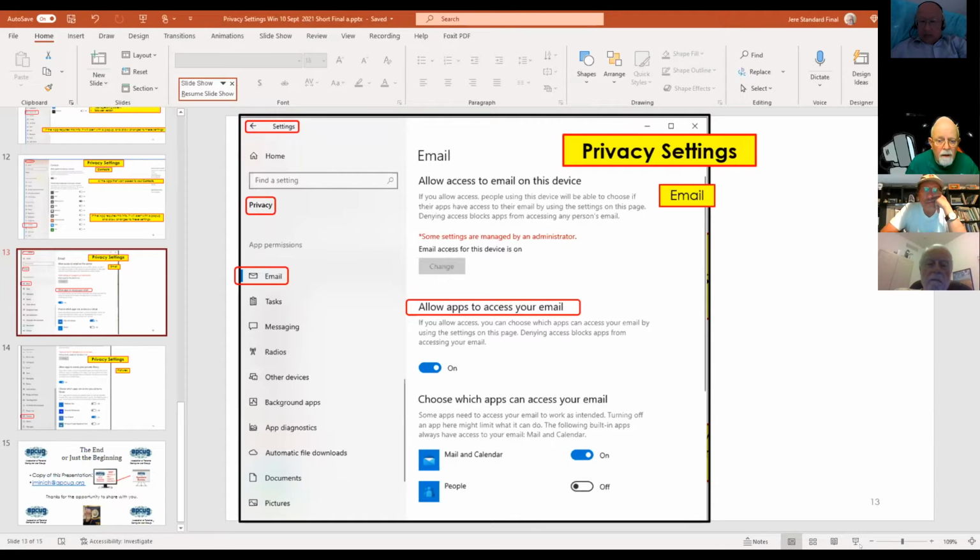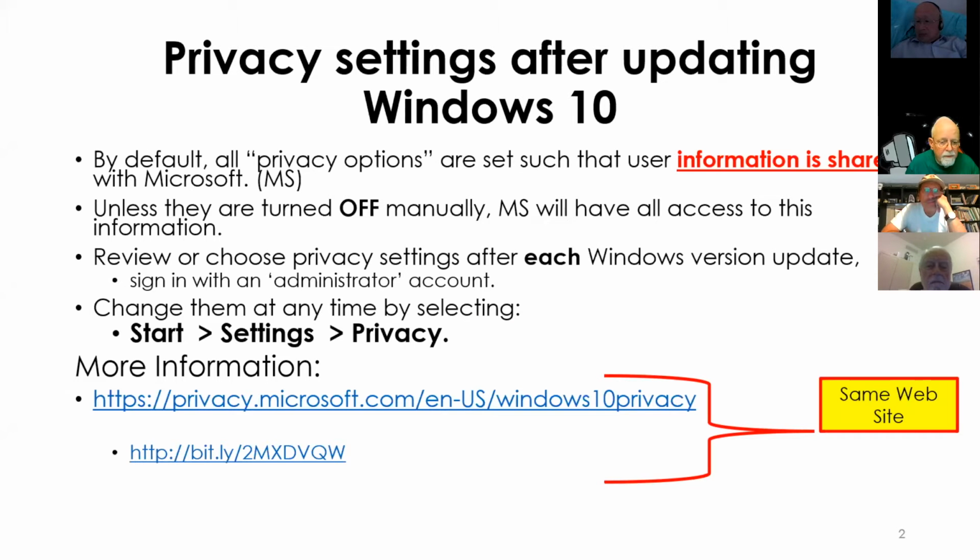Unless you turn them off, Microsoft is going to have a lot of information coming into their data banks about you. And yes, they give you the ability to go in and manage some of that stuff nowadays, but to me, it would be a lot easier just to turn it off. And of course, we're talking about click on the start button, go to settings, and then go to privacy.